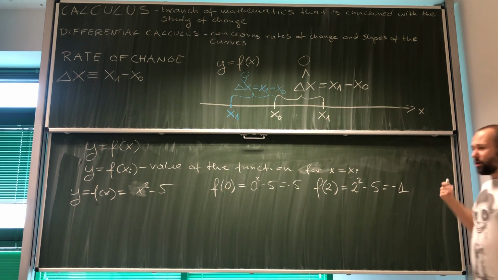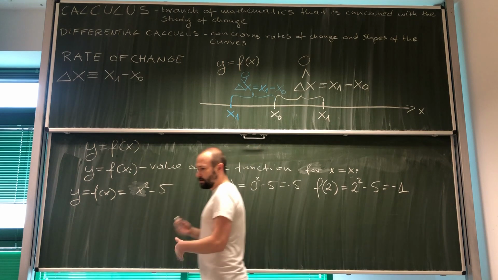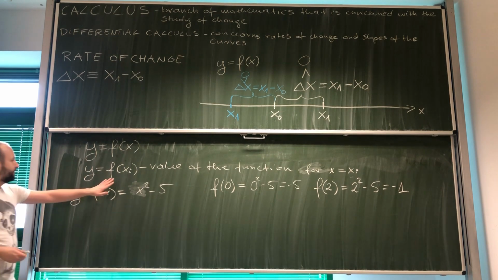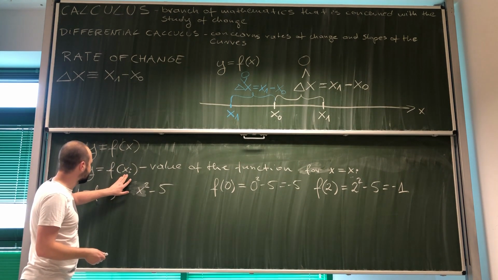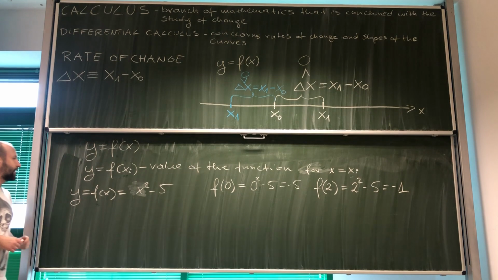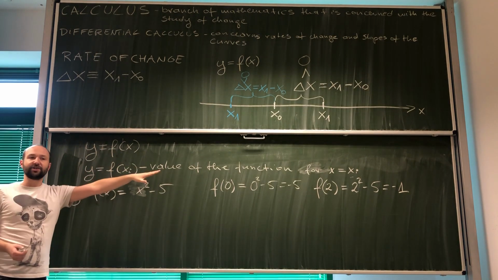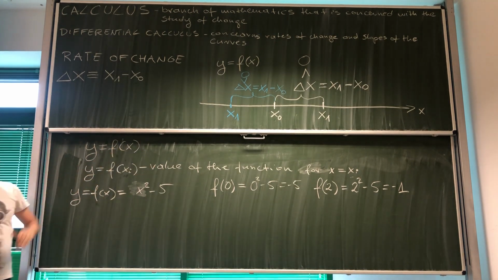I hope at this moment you understand the main difference. If we want to put some specific value, we just put x0, x1. If we want to know the entire range of values, we just put x.